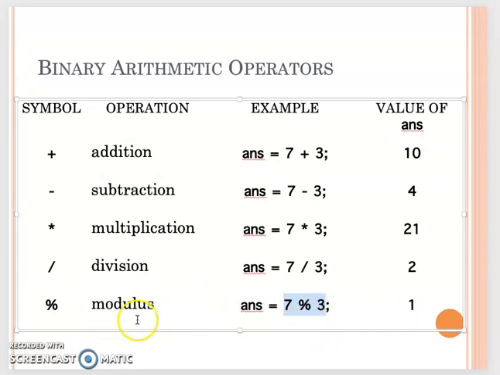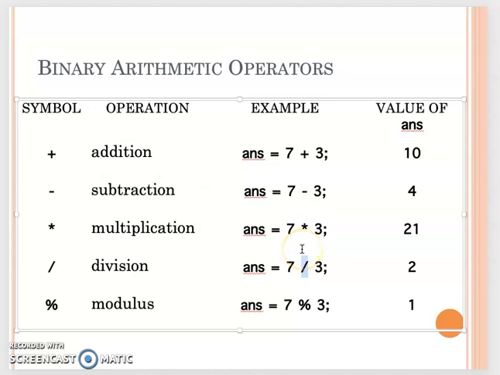Since modulus is the remainder, you maybe wonder, what is 7 divided by 3? The quotient is 2. You might say 7 divided by 3 should have some decimal, right? But be careful: when you use an operator, it won't affect the data type.